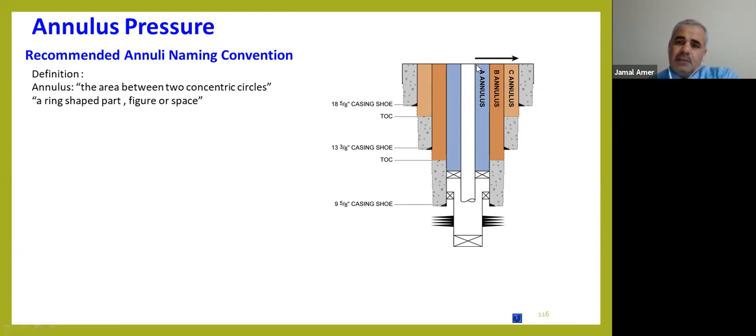If the annulus pressure, maybe for A, exceeds the MASP value, it could affect the formation at the casing shoe, or it could collapse the tubing, or burst the production casing.